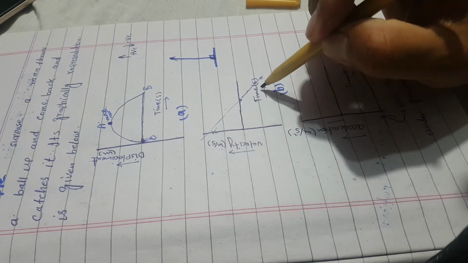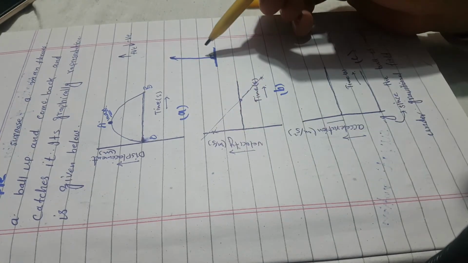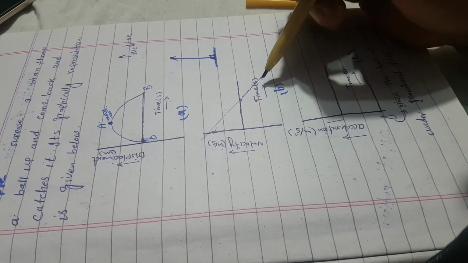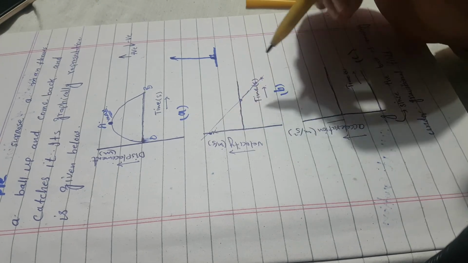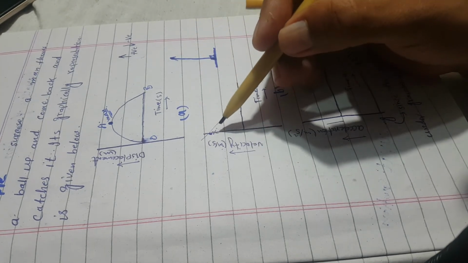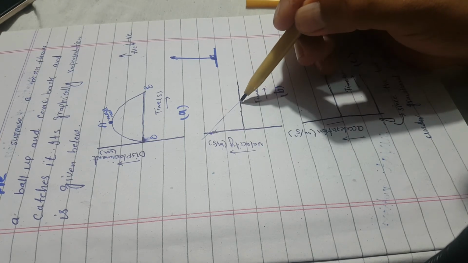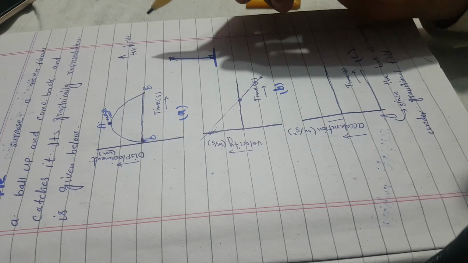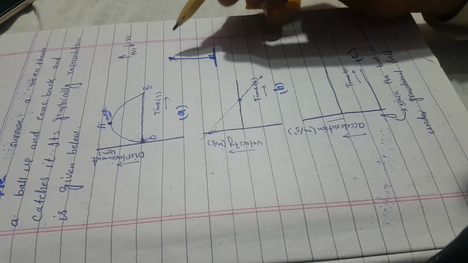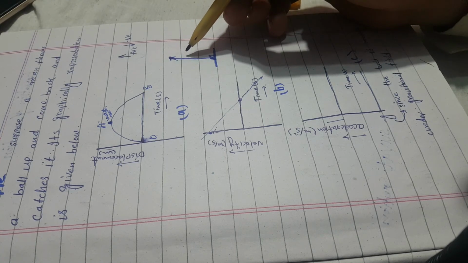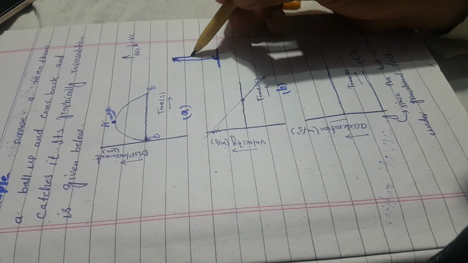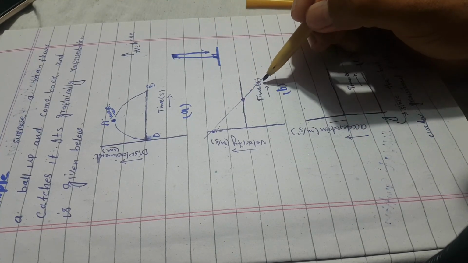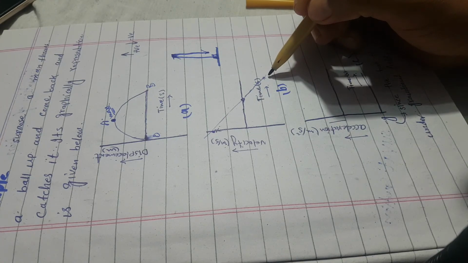The velocity time graph starts when the ball is in the hand, and as he throws it up, this is the path shown in the graph. When it reaches the maximum height, then it will come back. When it comes back, the graph is along the negative axis.